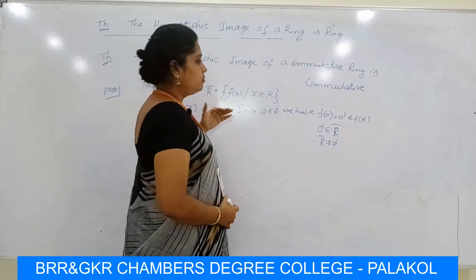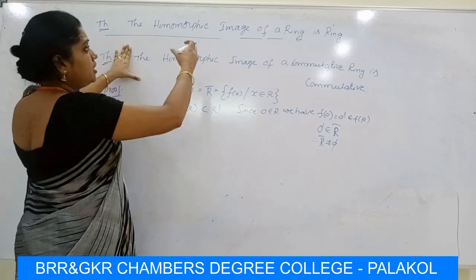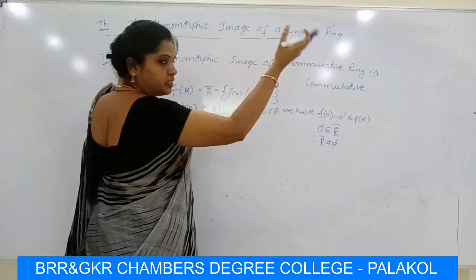The proof is the same as for the previous theorem, where the homomorphic image of a ring is a ring.